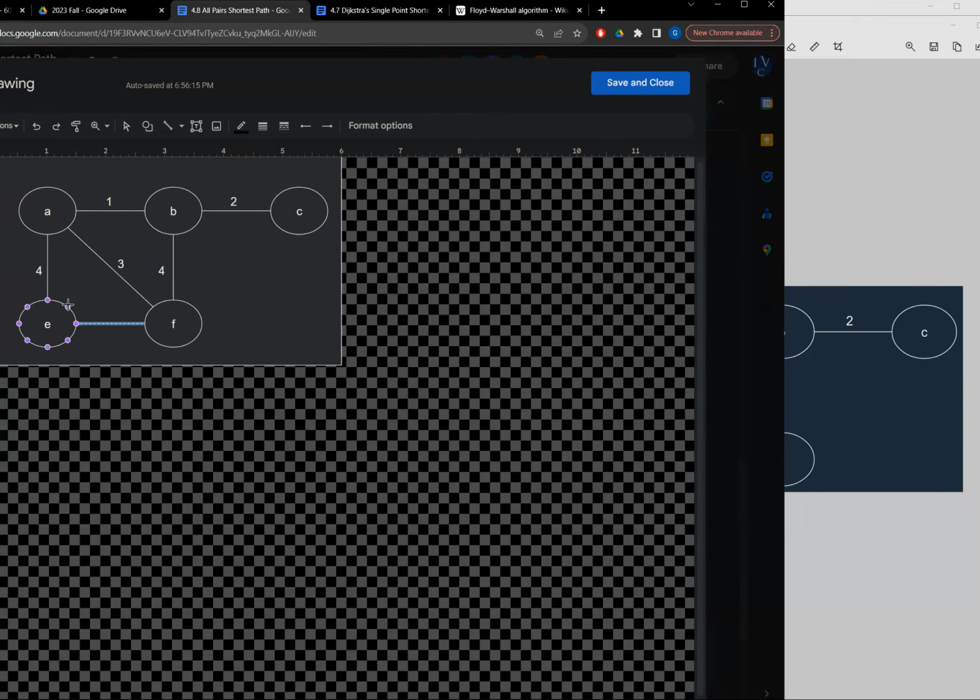And same thing for over here to B. And that should be it. Right, so we found that we can get there for 5. And we can get here for 7.